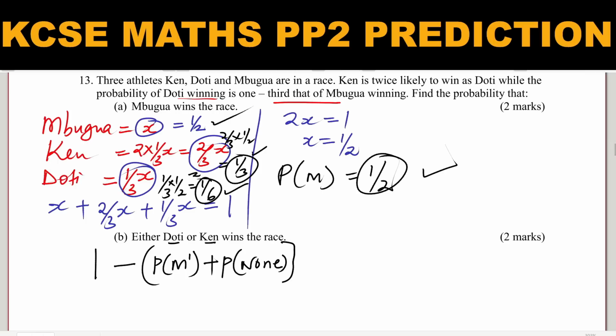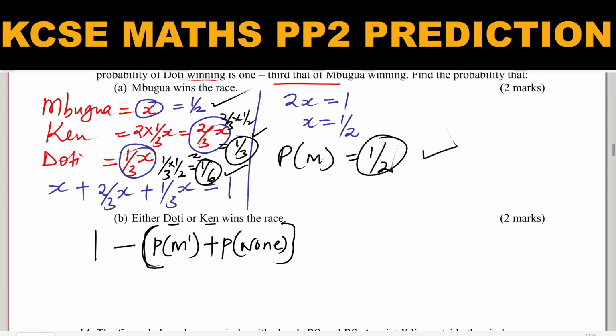So when I do that, I will simply be left with the probability of either Dottie or Ken winning. So 1 subtract the probability of Mbogwa plus the probability of none. When you subtract that, we'll get the solution.